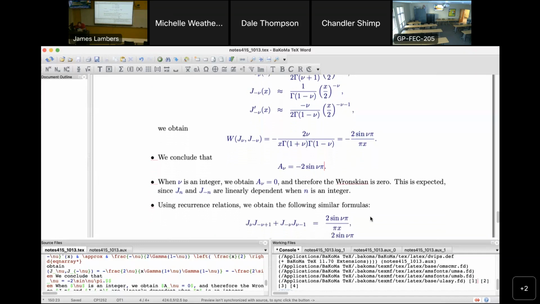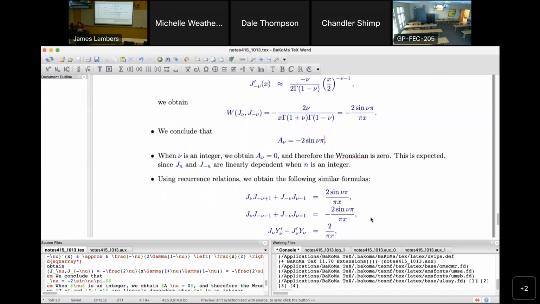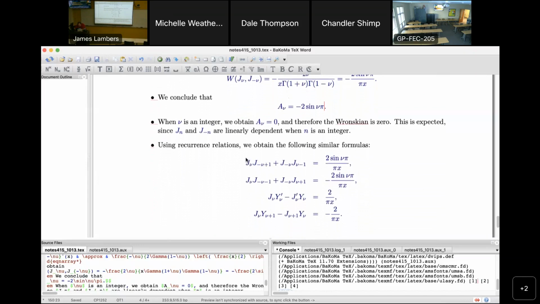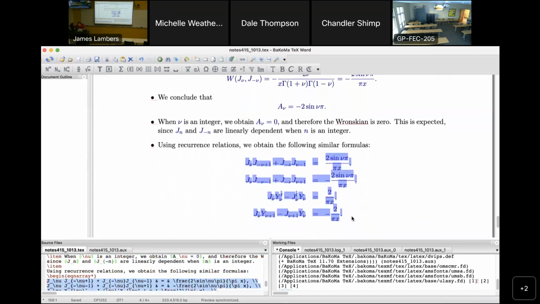Now, using what we've seen here in conjunction with other recurrences involving Bessel functions, we have these relationships also.